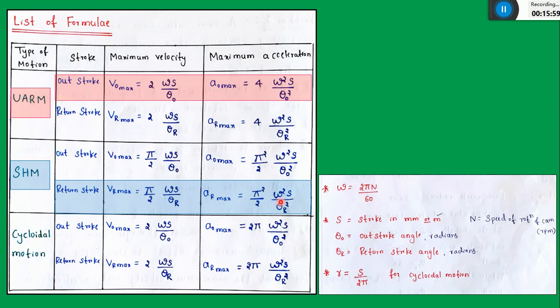So please note these four formulas. And you also know how to calculate the angular velocity, omega, which is equal to 2 pi N by 60, with N in RPM. And theta naught and theta r should be in radians. Please note down these four formulas so that I can calculate maximum velocity and acceleration during outstroke and return stroke.